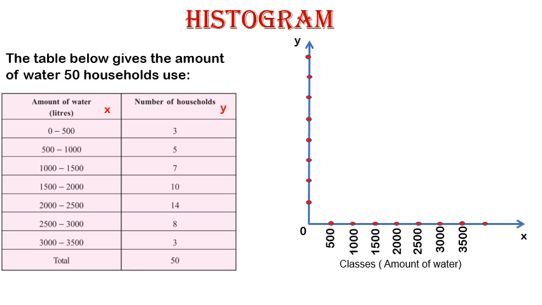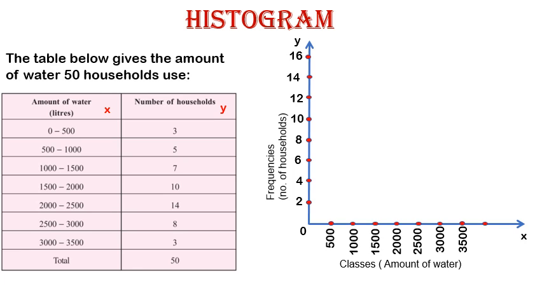Here you can see lowest frequency is 3 and the highest frequency is 14. So let us arrange the frequencies as 0, 2, 4, 6, 8, 10, 12, 14 and 16. Then mention here also as frequencies or number of households.